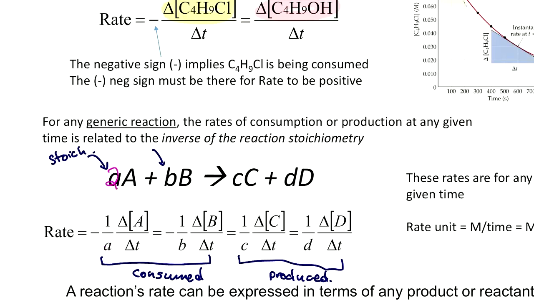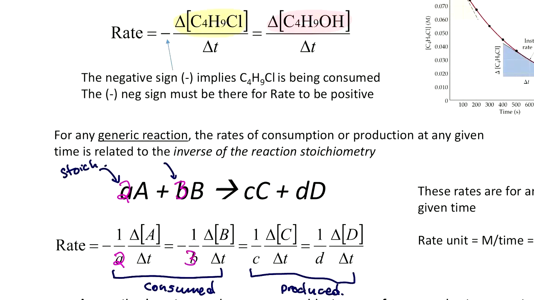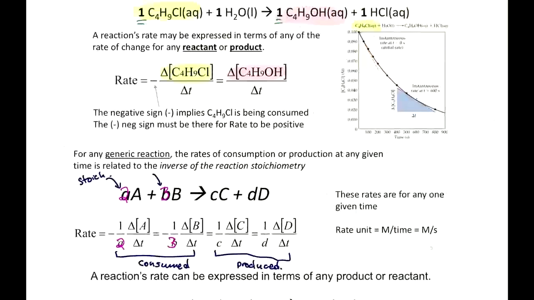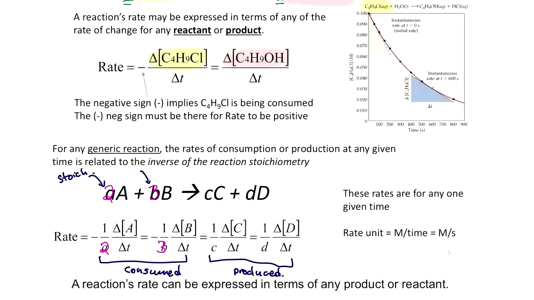For example, if I had 2 A's combining with a B, in this rate equation I would put a 2 in the denominator. If it was 2 A's combined with 3 B's, there would be a 3 in the denominator there, in order for all of these rates to be equivalent to one another, to an overall rate. All right, so that is rates.